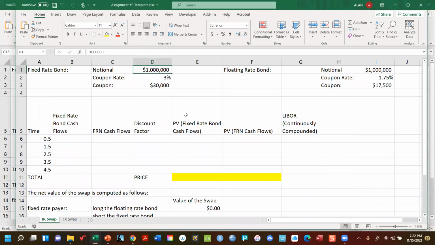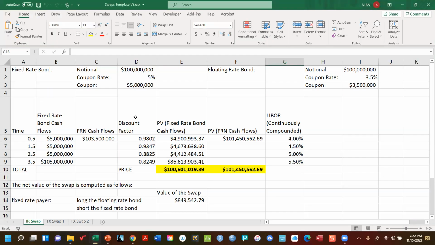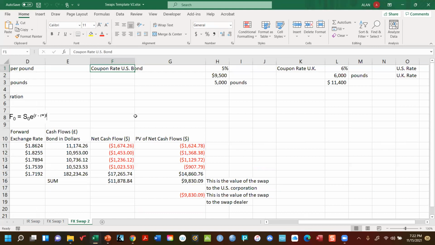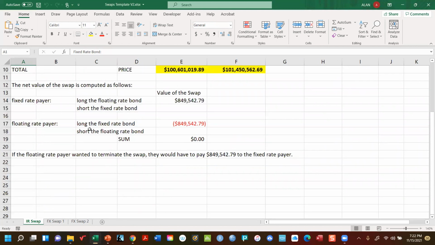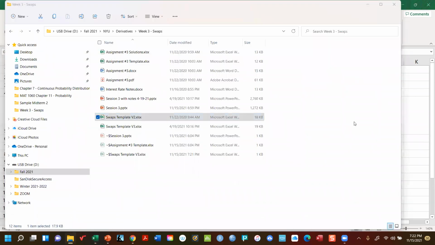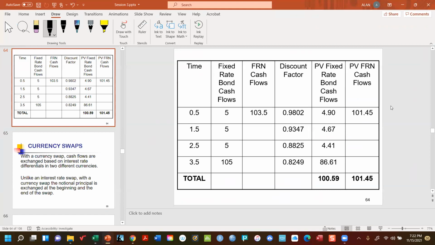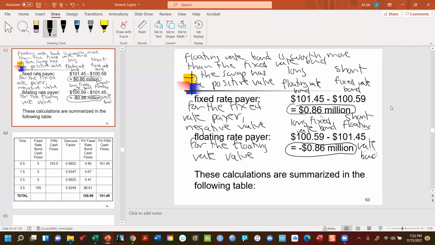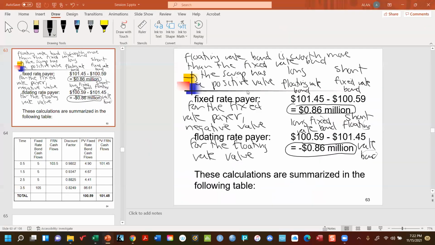I'm not sure what happened here. Try this one. No, this is the same one. That's very strange.